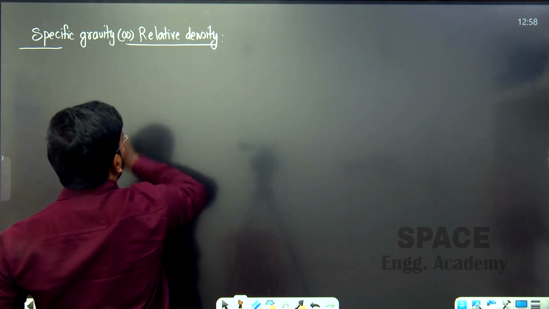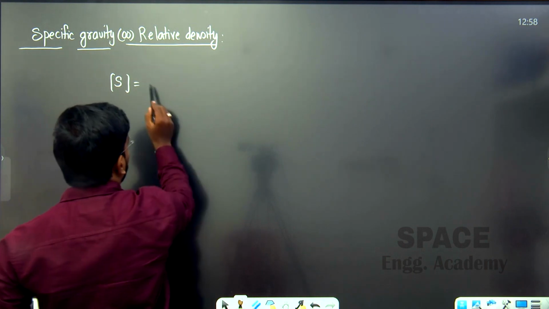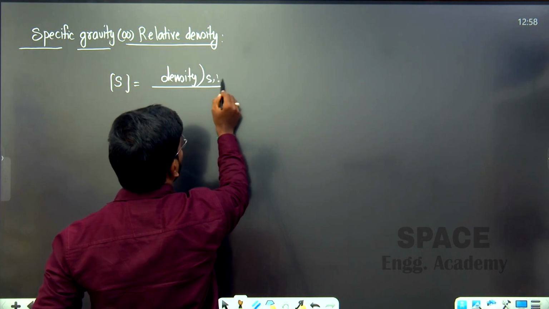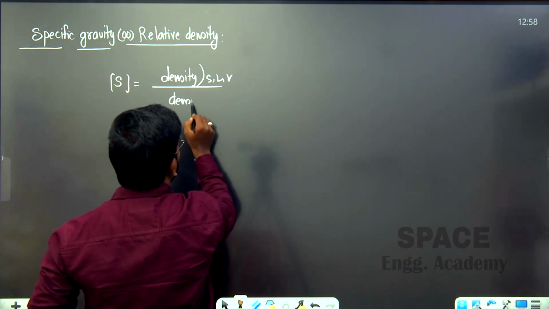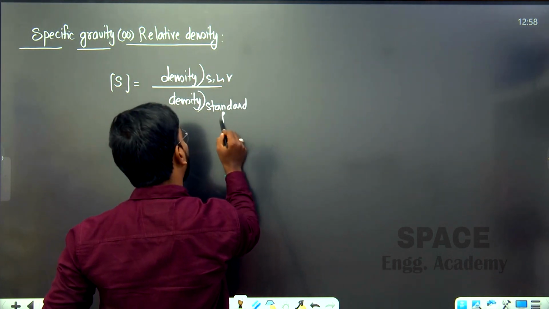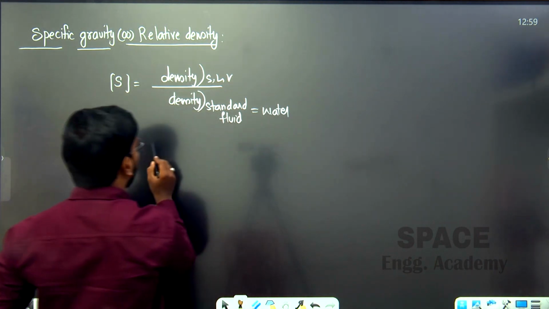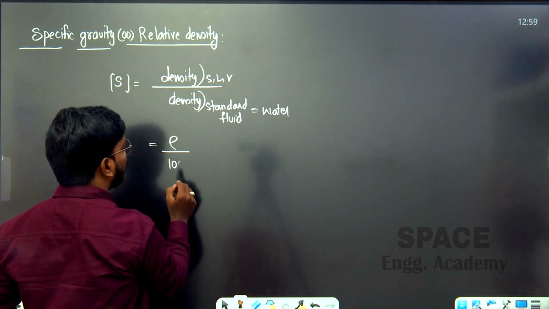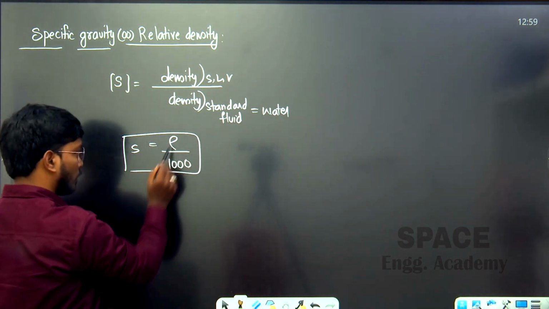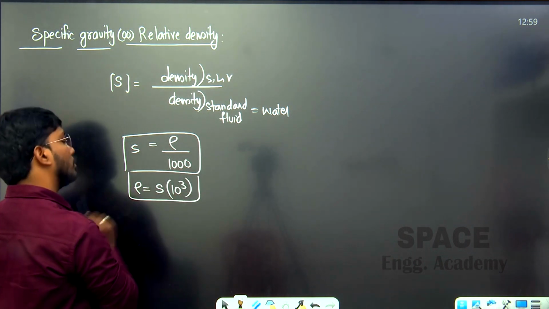Specific gravity is denoted by letter S. It compares the density of any solid, liquid, or vapor with the density of a standard fluid. That standard fluid is water. So we can write the formula as density divided by density of water, which is 1000. So specific gravity is density by 1000. So density can be written as specific gravity of a material times 1000.